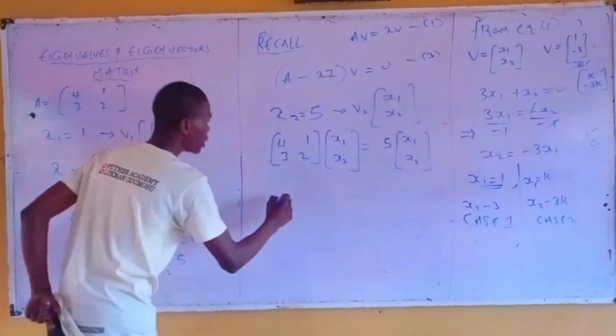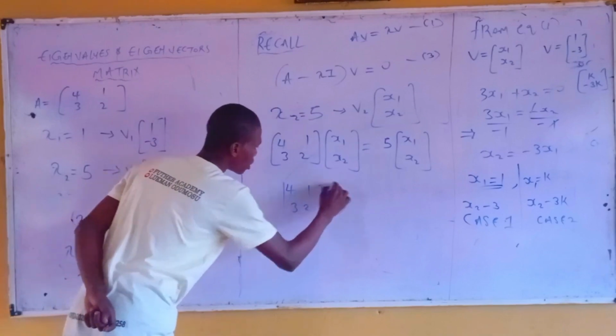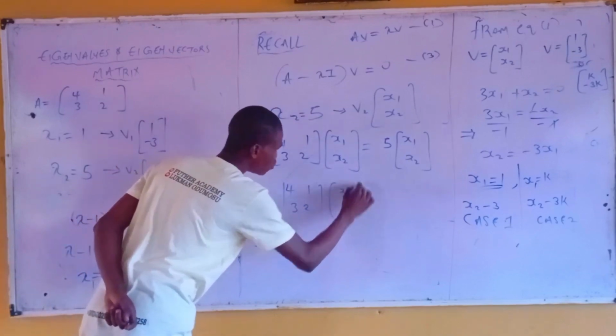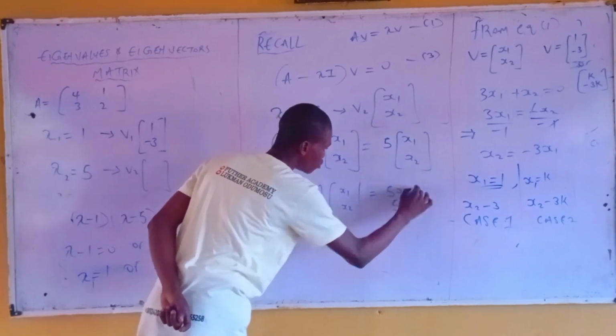Let's solve. Then you have 4 1 3 2 times x1 x2, which equals 5x1, 5x2.